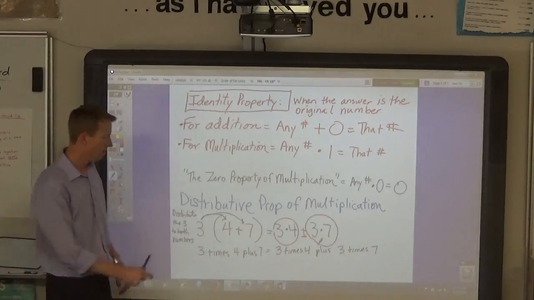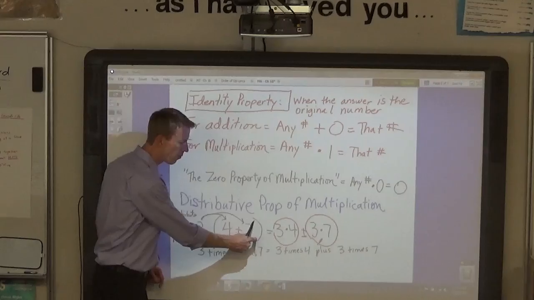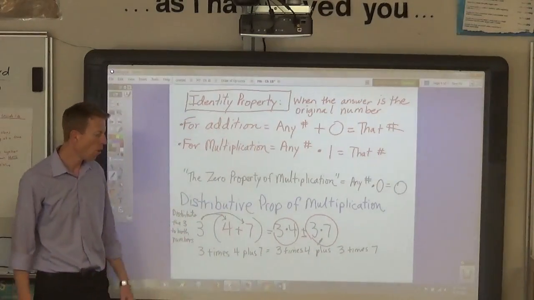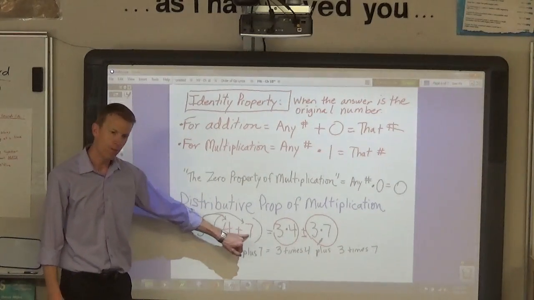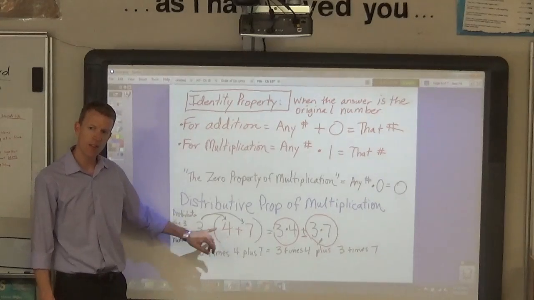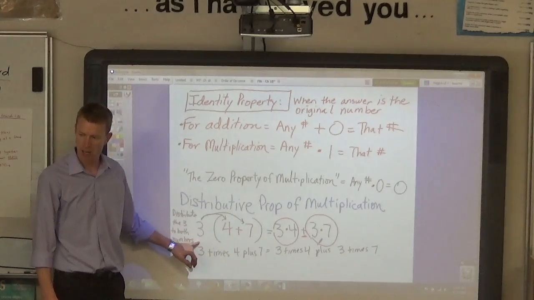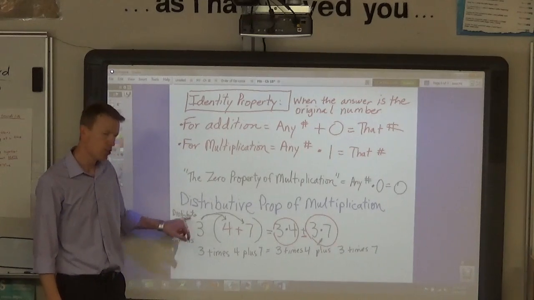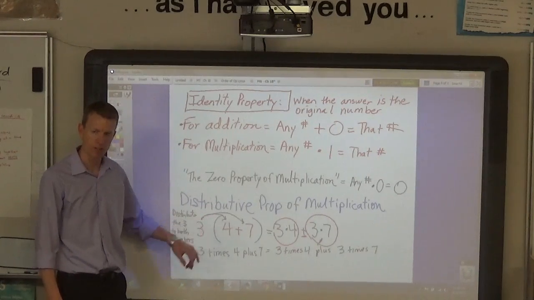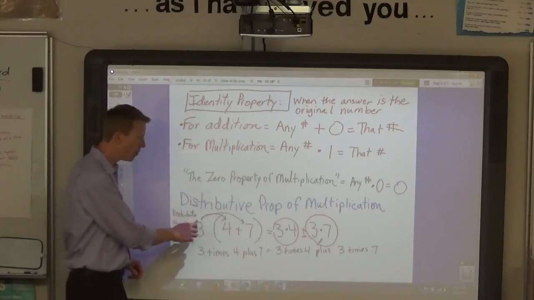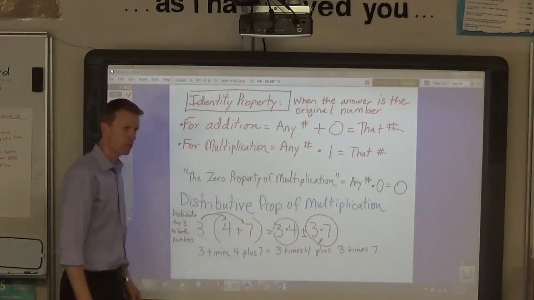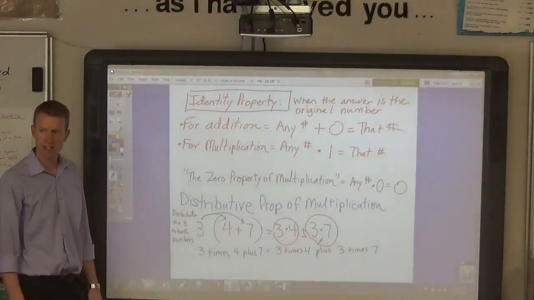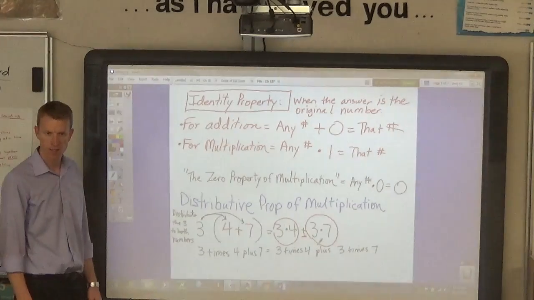It's 3 4s and 3 7s added together. Or you can do 4 plus 7 and then multiply it by 3 and get the same answer. That's called the distributive property of multiplication. It's distributing that 3 times to each of the numbers inside the parentheses.